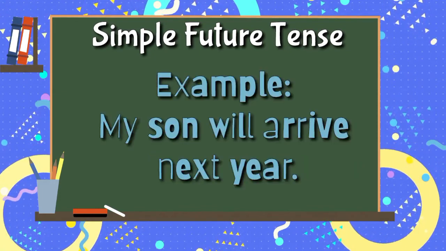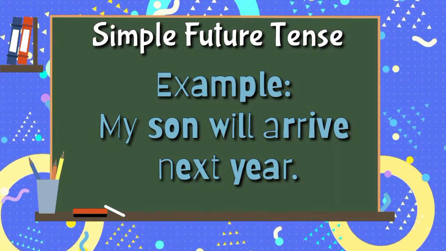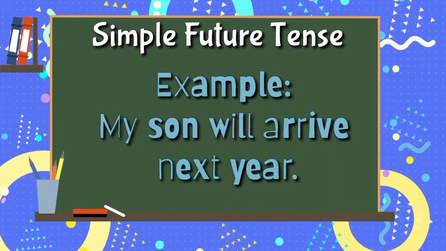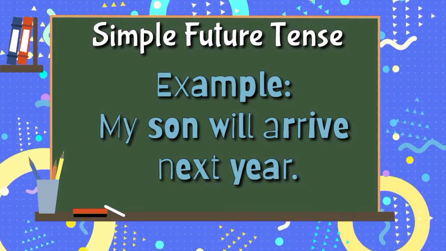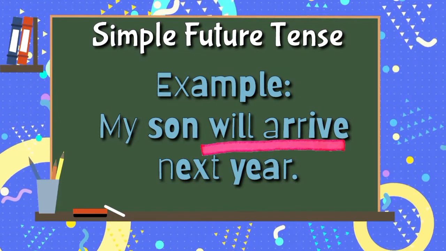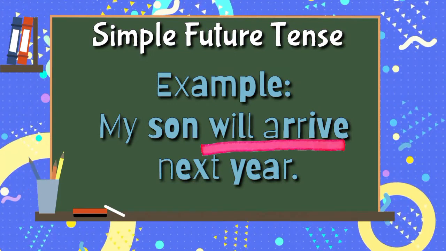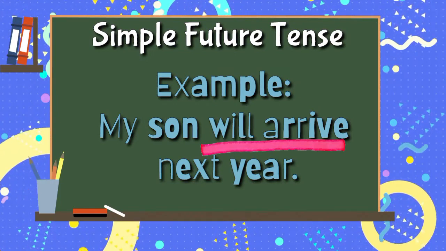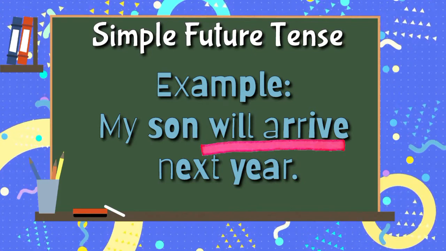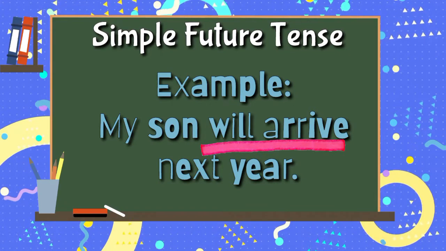For example, my son will arrive next year. What do you think is our verb in the sentence? Very good. We have will plus arrive. What time expression is used in the sentence? Great job!